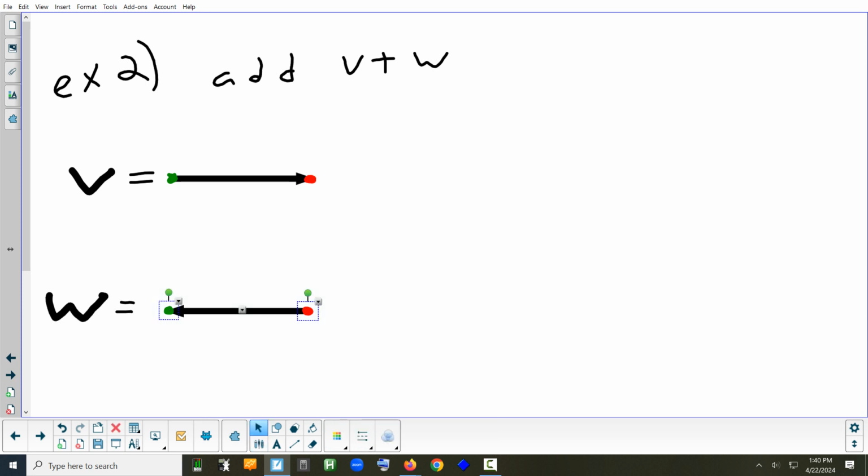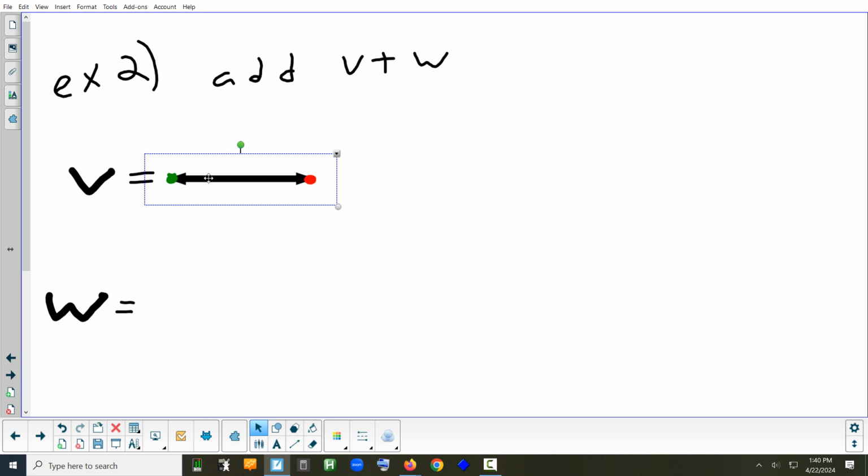So let's just group these together. If it wasn't perfectly horizontal, you'd do something like this. You'd line the red dots up, and then you'd connect the first green dot to the second green dot. But they're perfectly horizontal, and they're the same length. So when I line up the red dots, the green dots also line up.